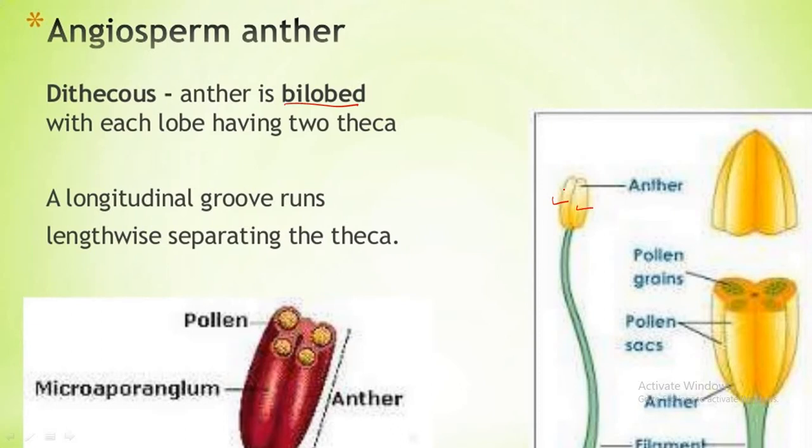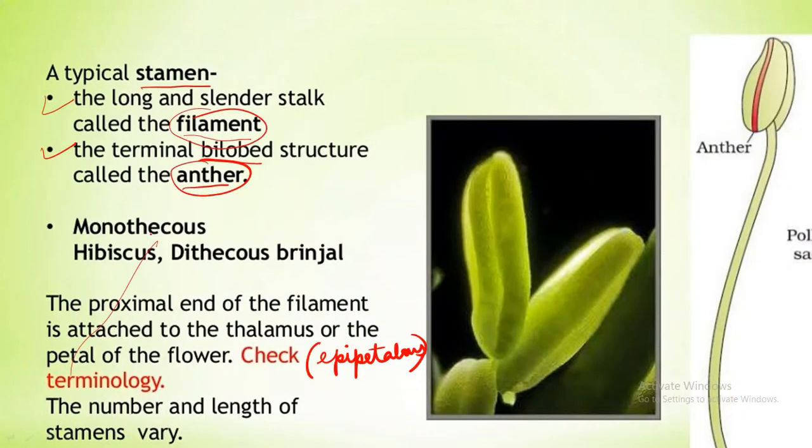So in each lobe there are two theca, and as a result it is called dithecous. If there is only one theca, it is called monothecous. In the last slide, you saw that monothecous is found in hibiscus and dithecous in brinjal.